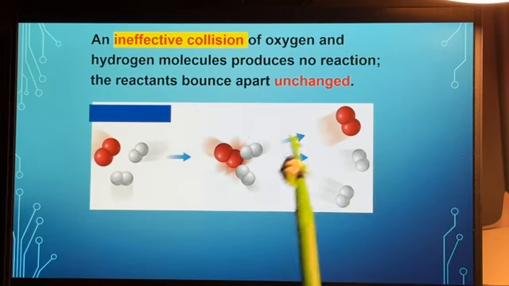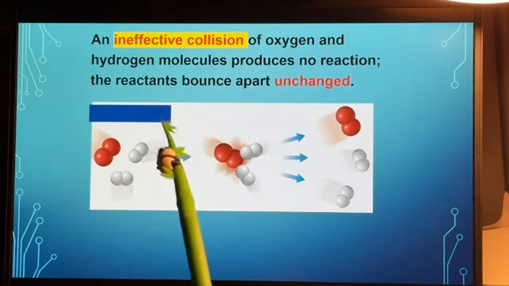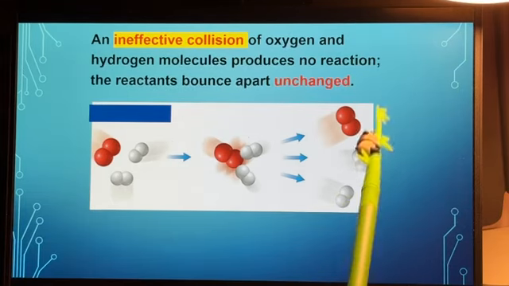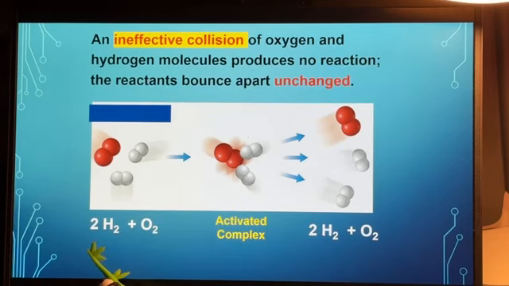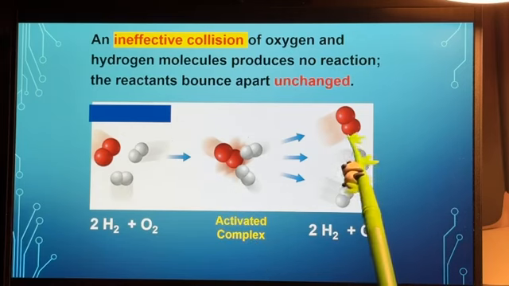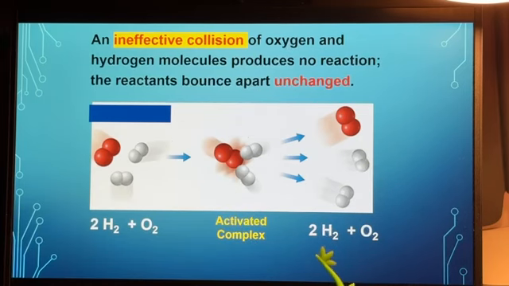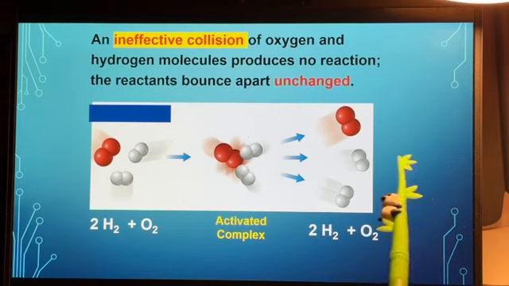They are unchanged after the reaction is over. So you can see finally the two hydrogen molecules and the oxygen molecule just came closer to each other, but in the end they are not changed. They remain the same as reactants.